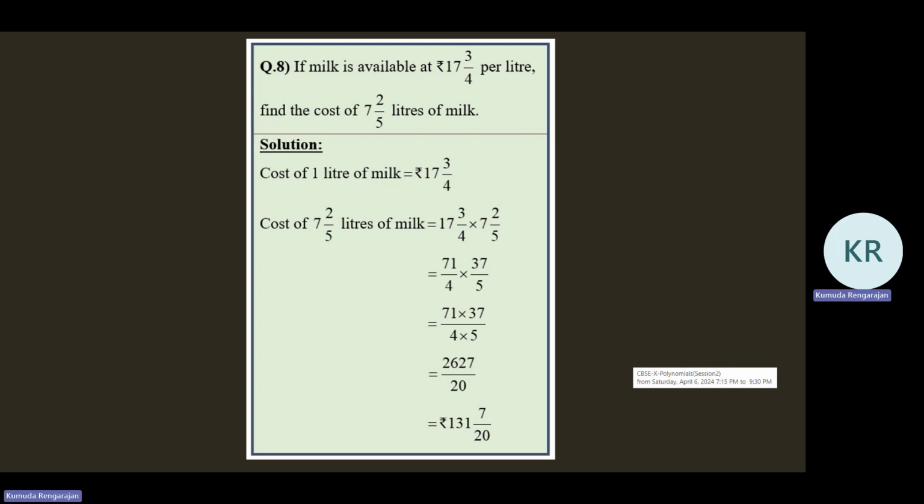No. 1 kg is 50 rupees. So 6 kgs will be 50, 300 rupees. So cost of 1 kilogram of mangoes, rupees 50. Cost of 6 kilograms of mangoes is equal to 6 into 50, 300 rupees.